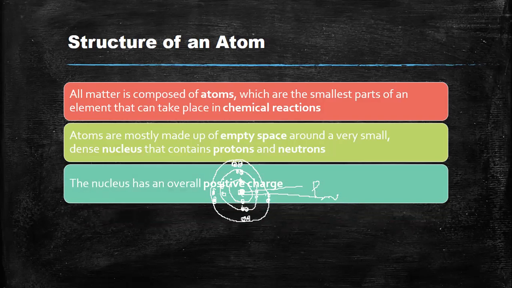Nucleus has an overall positive charge. Absolutely, there is no electron in the nucleus. Electrons are revolving around the nucleus in the shells.